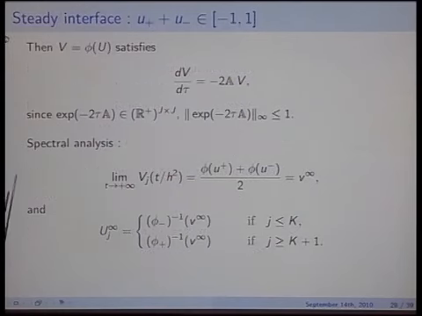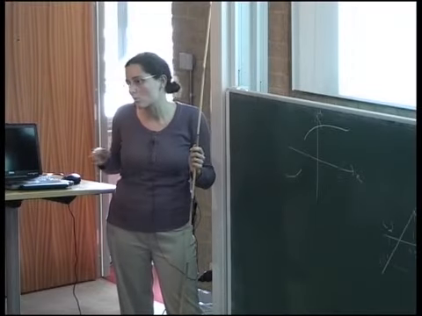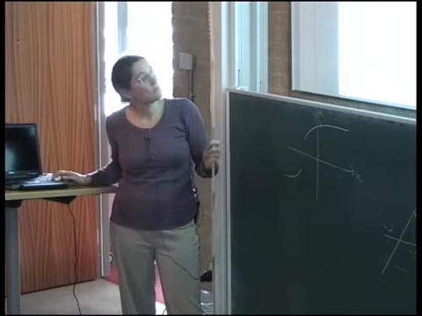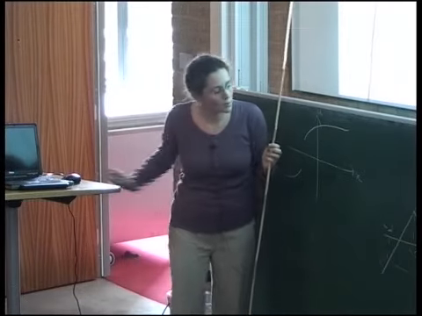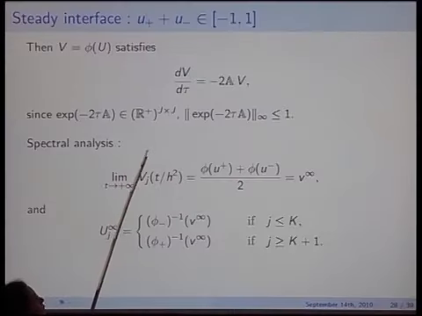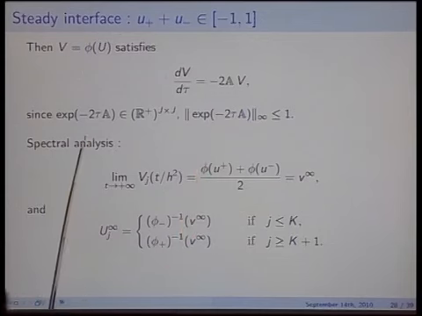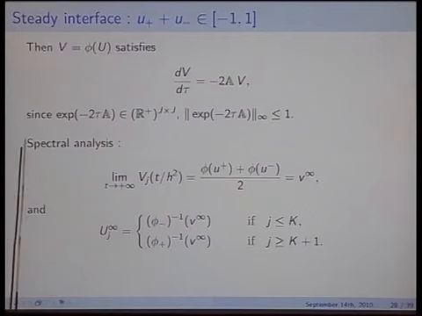Okay, so in the case of a steady interface, meaning that u plus and u minus are within minus 1 and 1, then you can have a look at the system of ODEs, which is dv over d tau equals minus 2A v, A being still this discretization matrix, the Laplacian.